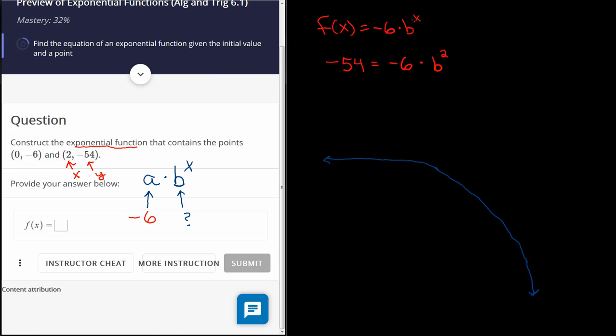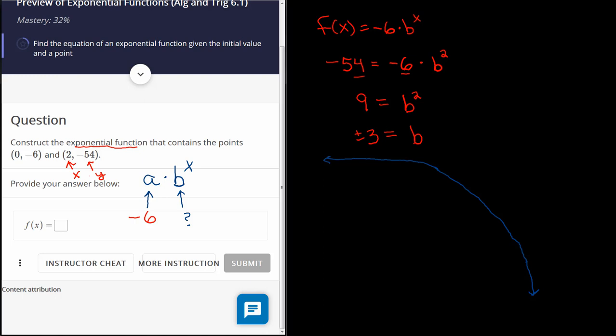Now I can divide both sides by negative 6, and that's going to give me 9 is equal to b squared. What number can I square to get 9? Well, if you were doing it right, you'd say that b could be plus or minus 3.